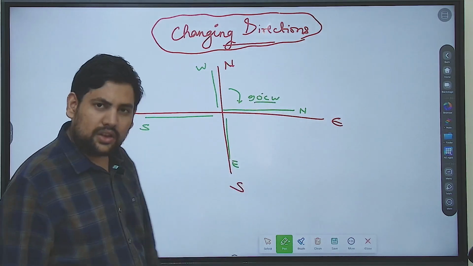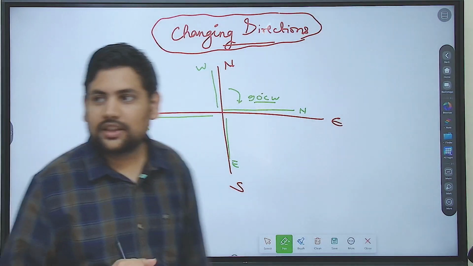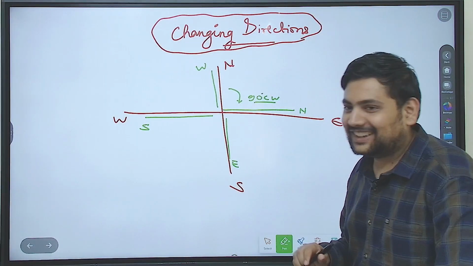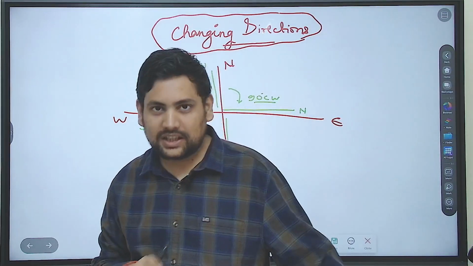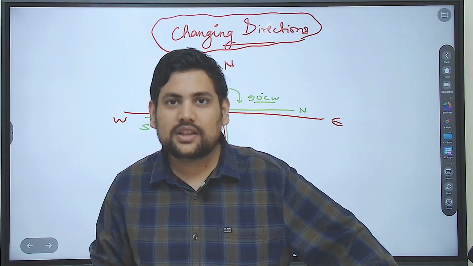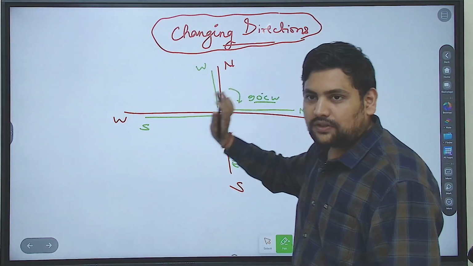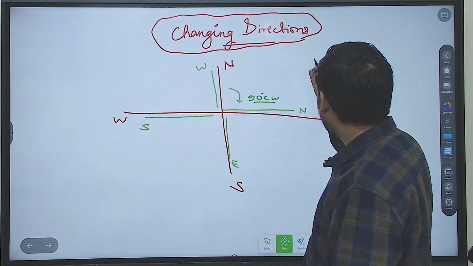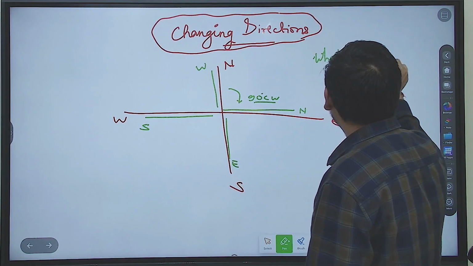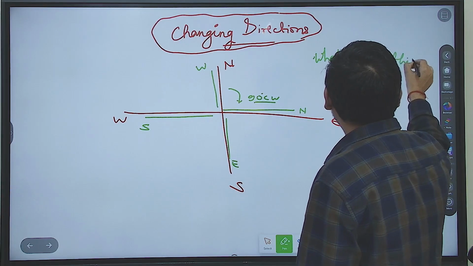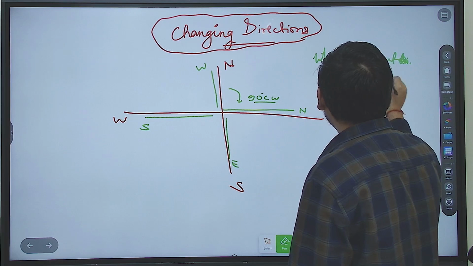Now instead of saying I have rotated this entire thing, I can also say that I have only rotated north by 90 degrees. If I say this also, it means the same thing. So first thing is just identifying by what angle some direction is getting rotated by.